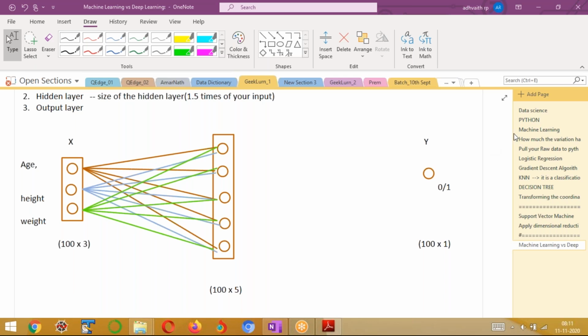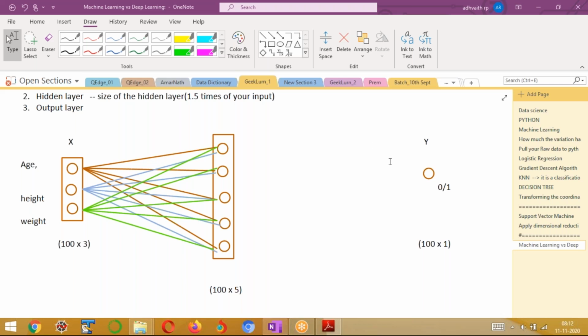In your brain also you have crores of cells, and each cell is connected with the cells in the next layer of the neural system. Here also each cell is connected with the next layer. If I have 100 columns and 150 hidden columns, a lot of net calculation happens. This is what is called architecture.